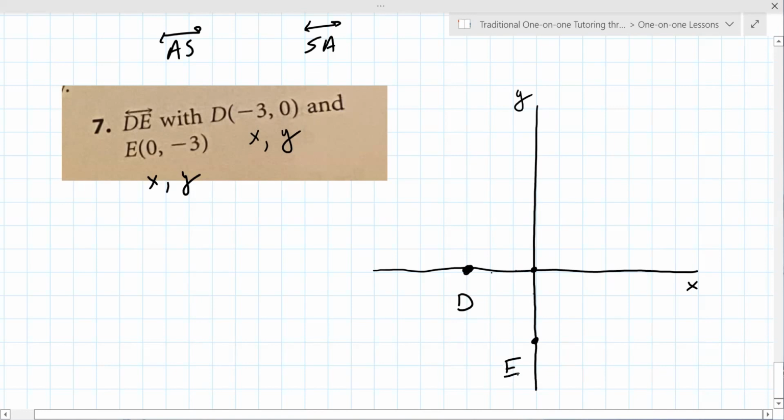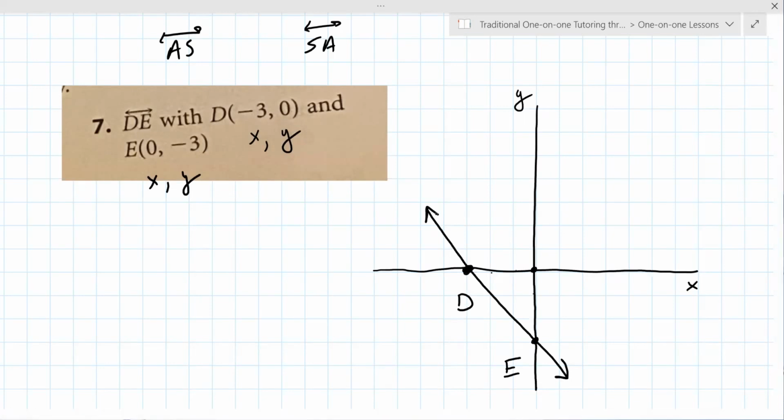Okay. So you want to take your ruler and connect those 2 points. And most importantly, you have to put the arrows on the end there. Yeah, I'm putting it down. Excellent. Yep, thank you.